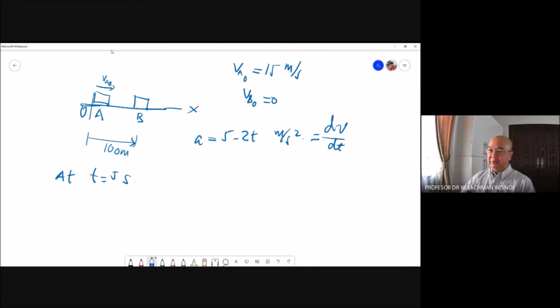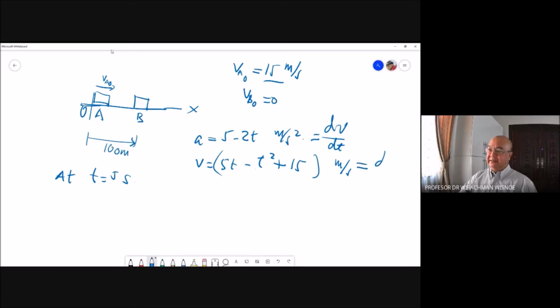So I can obtain velocity by integrating this equation one time. So I have 5t minus t squared plus v naught. Replace v naught with 15, the unit meters per second.